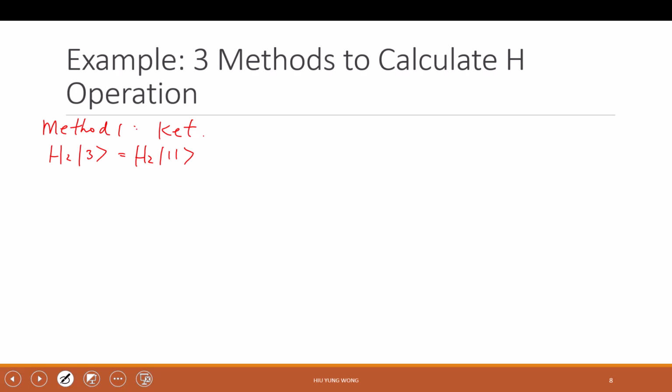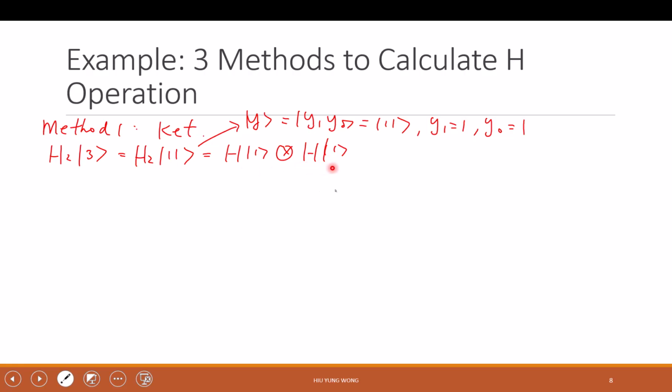Which means that y equals y1, y0 equals 1, 1, with y1 equal to 1, y0 equal to 1, which we know already. But this is equal to H applied to 1, tensor product H applied to 1, if we just want to work with the cat. Is this clear? Where 1, 1 is just 1 tensor product 1.